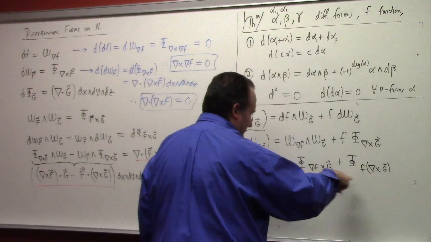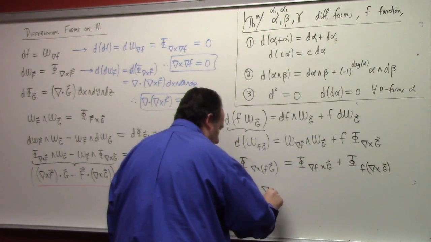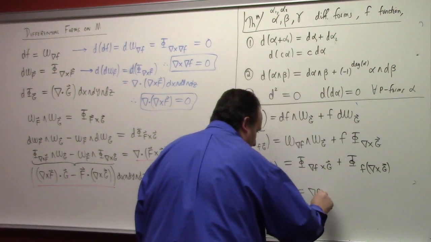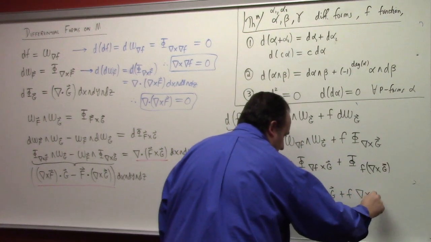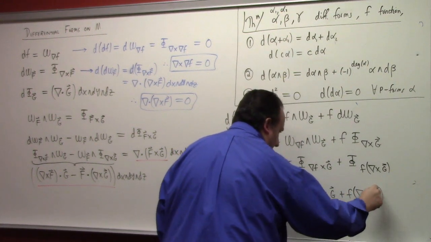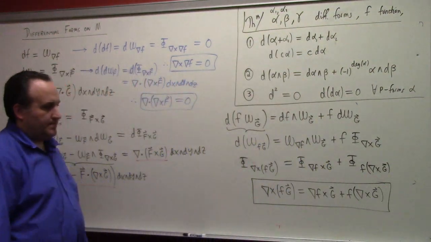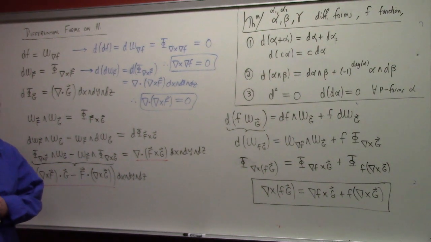But this is an isomorphism, so you can add this plus this, and lo and behold, you get the identity. The curl of f times g is equal to the gradient of f cross g plus f times the curl of g. Which is a vector identity that you can prove in vector calculus with some effort.